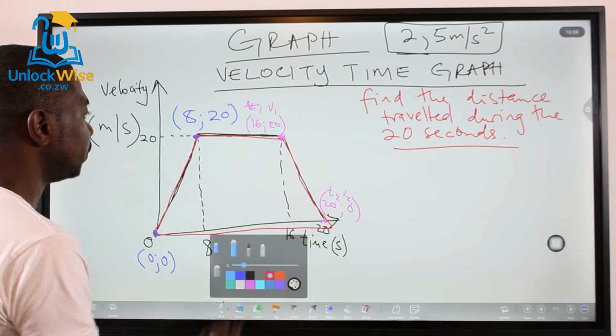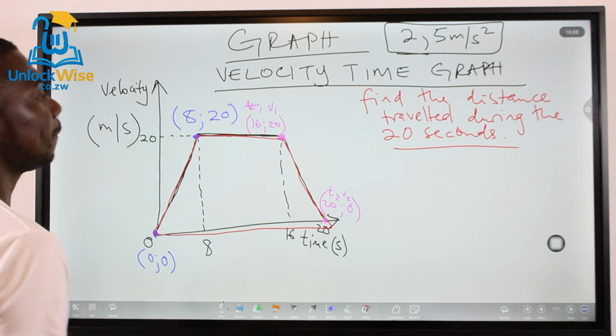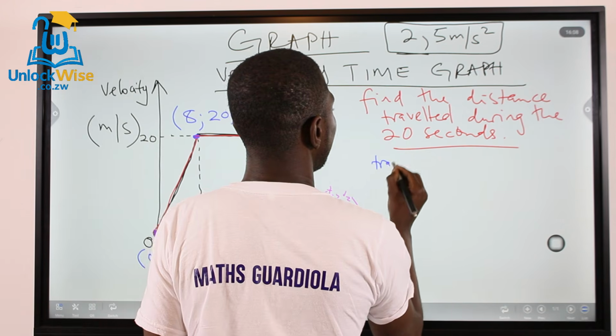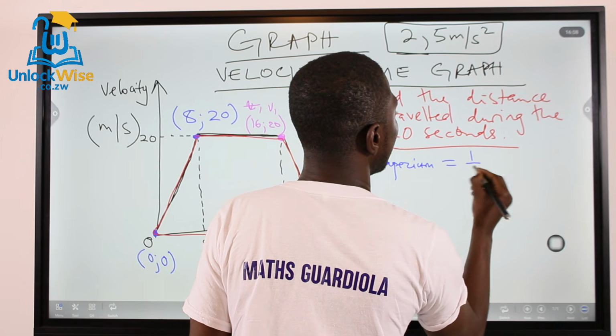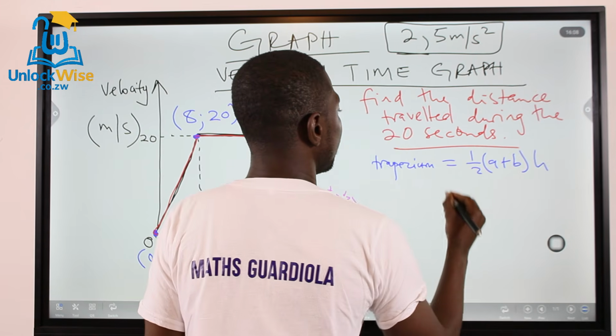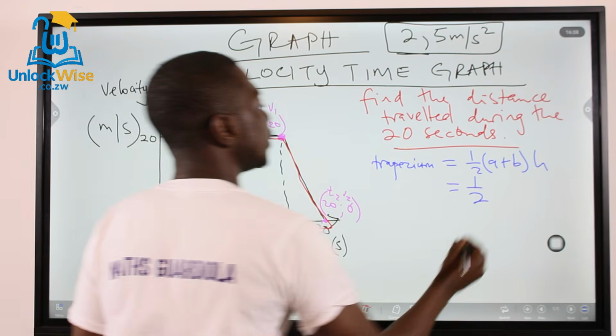Okay, so what I'm going to do here, area of a trapezium is equal to half A plus B times height, where A and B are the parallel sides.